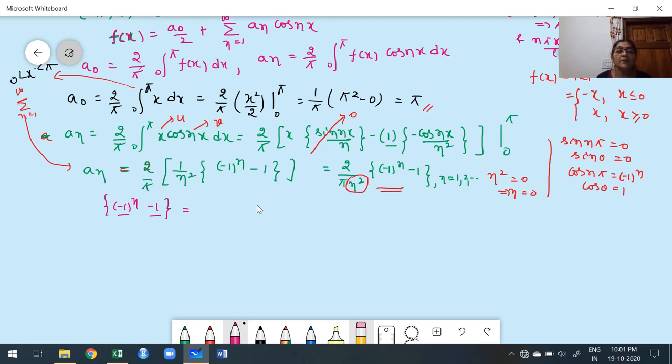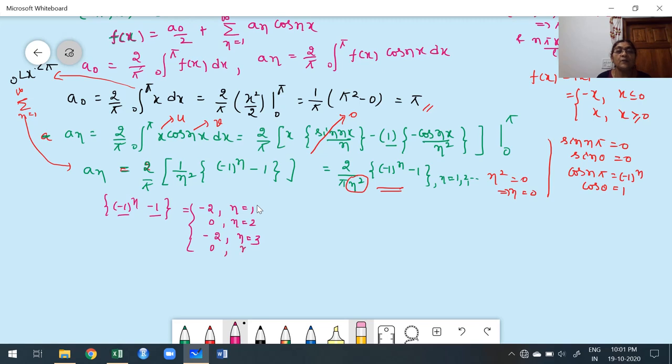What we get actually? For n is equal to 1 we get minus 2. Put n is equal to 2, minus 1 whole square is 1, minus 1 is 0 for n is equal to 2. Similarly, put n is equal to 3, minus 1 whole cube is minus 1, we get minus 2 for n is equal to 3. This shows that in odd cases, commonly we get minus 2.